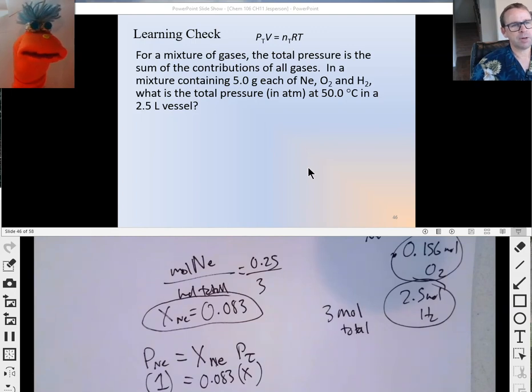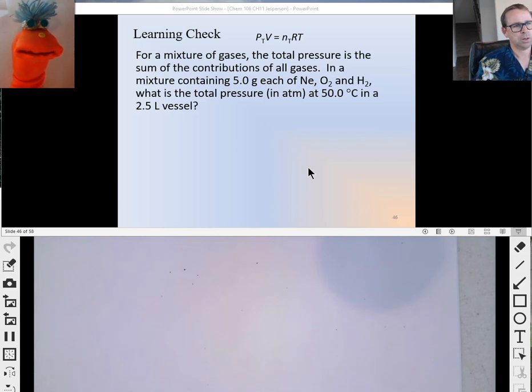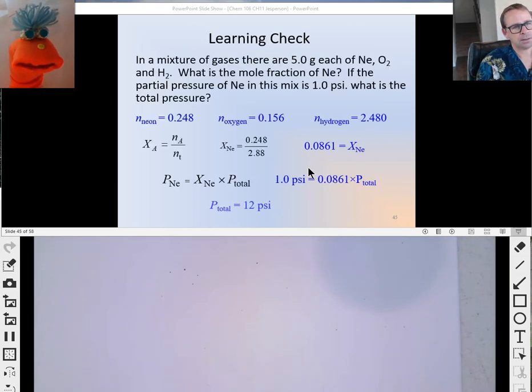In a mixture containing 5 grams of each of those, what is the total pressure at 50 degrees Celsius in a 2.5-liter vessel? So, what do you think, Fred? Well, we just did this, right? Yeah, we did. We just looked at our moles of the different materials.